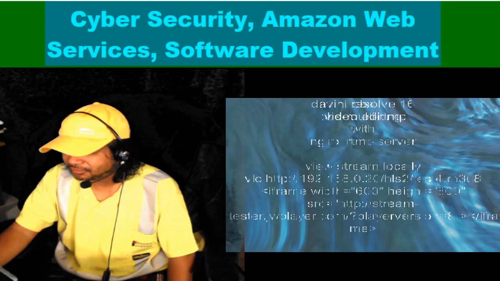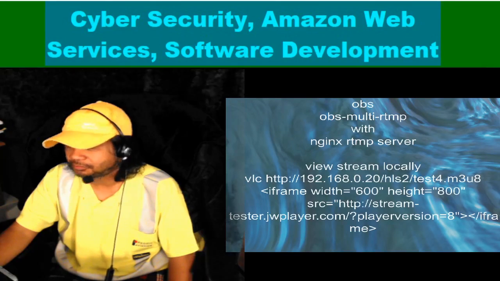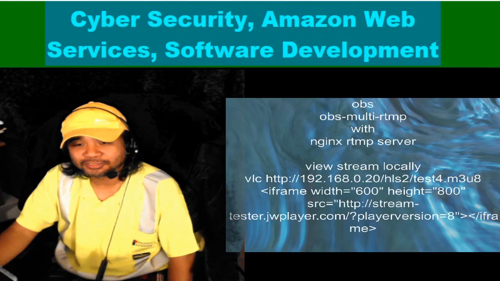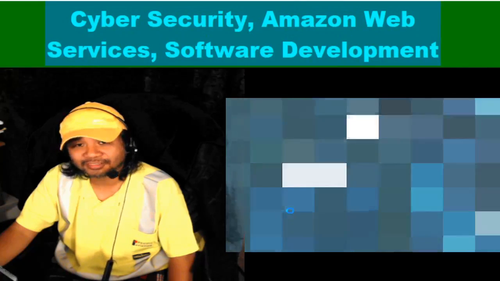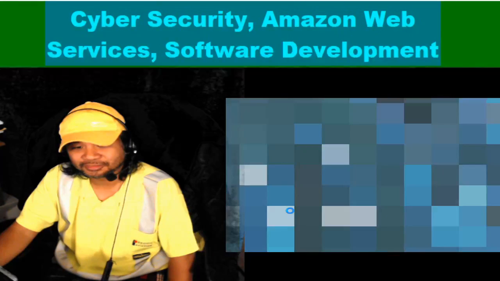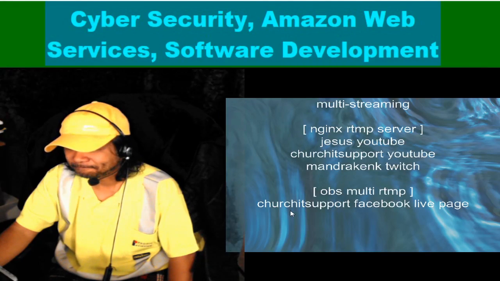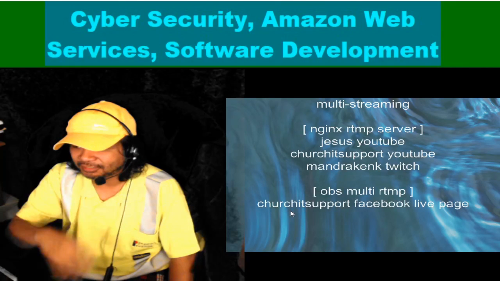So I'm just going to read over some of the messages that are flashing across the screen. This one is called my OBS multi-streaming setup using Nginx server. I haven't done that in a while because the machine that has the Nginx is kind of dismantled right now. And I was testing it to various YouTube channels.